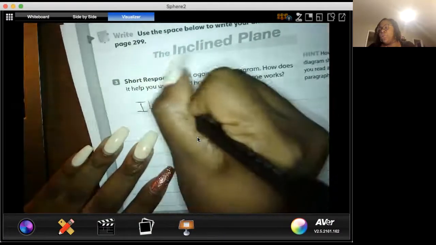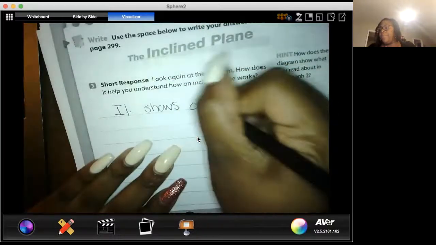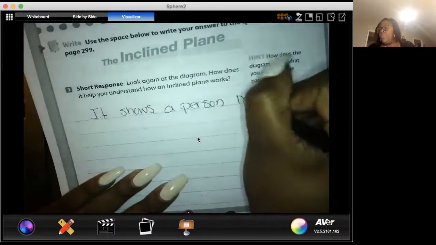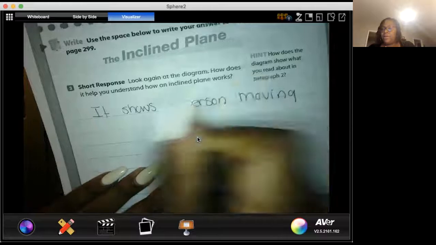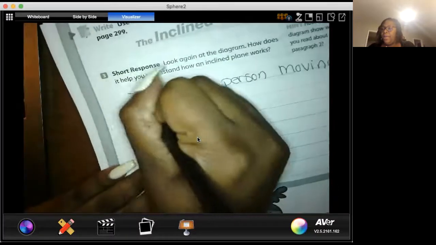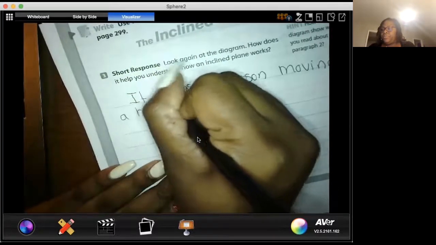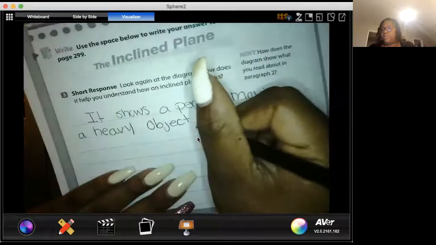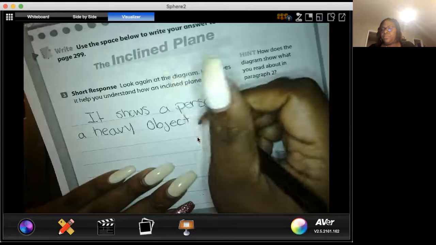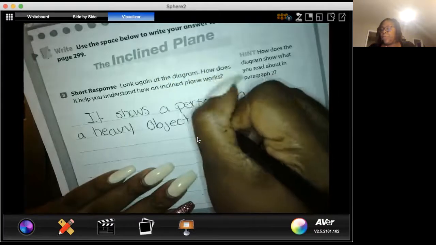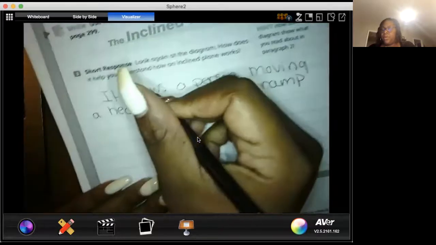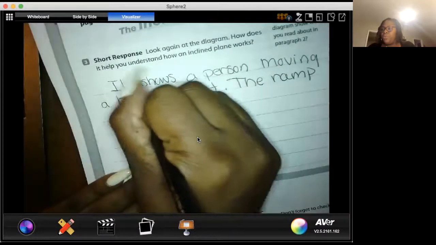It shows a person moving a heavy object. The ramp is smooth.